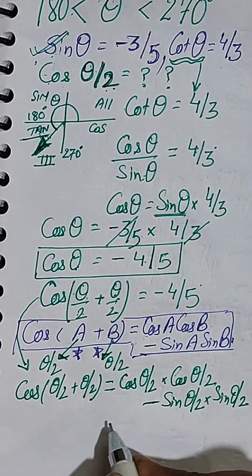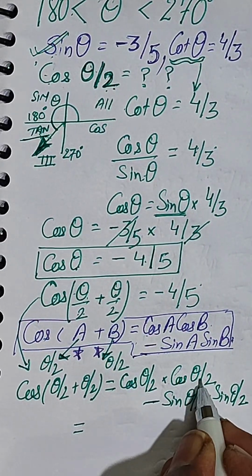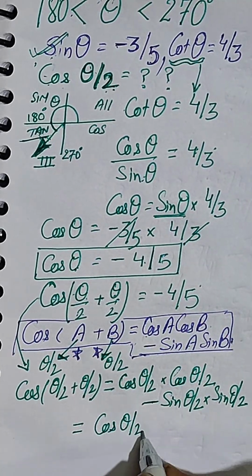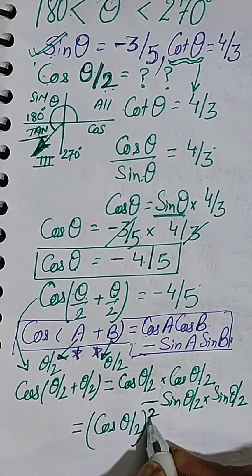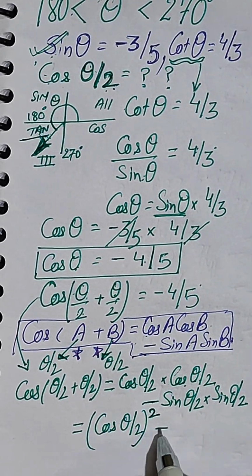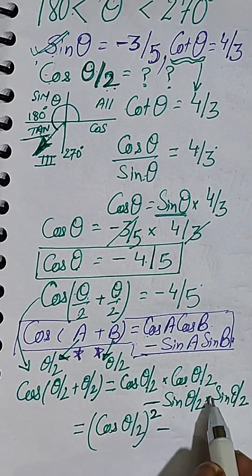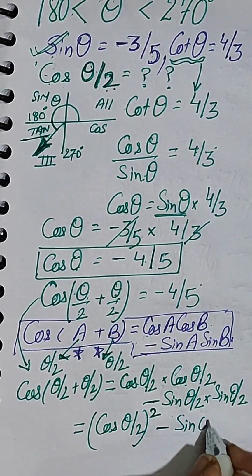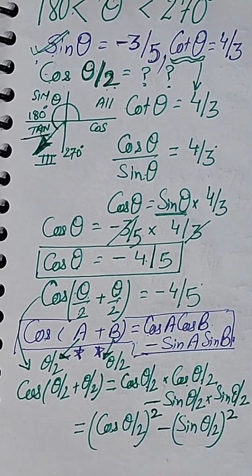So we have this in front of us. On the RHS it will become cos theta by 2 coming 2 times, so we can write cos theta by 2 whole square, right? These two terms, minus sin theta by 2 into sin theta by 2, will be sin theta by 2 whole square.